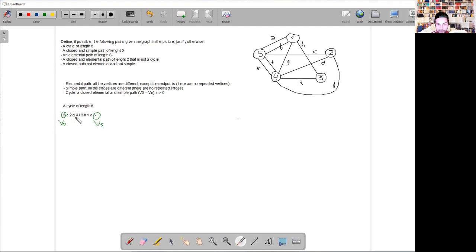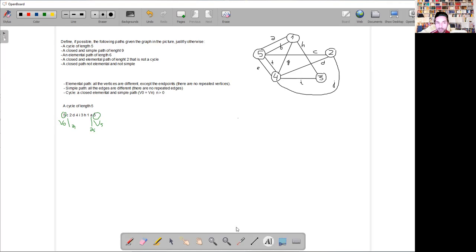And we have also all the edges, 1, 2, 3, 4, 5. You have the 5 edges, so this is A5, and this is A1.